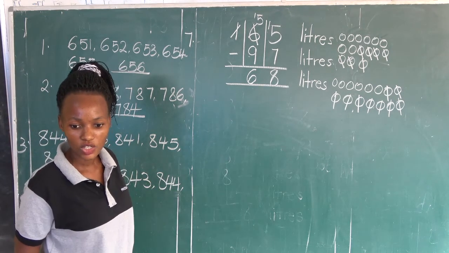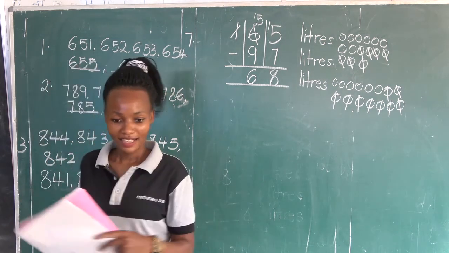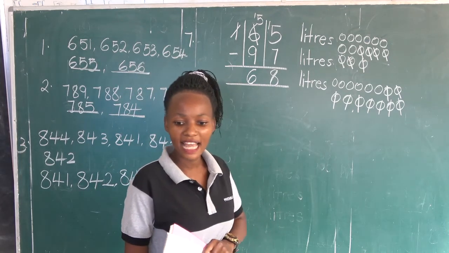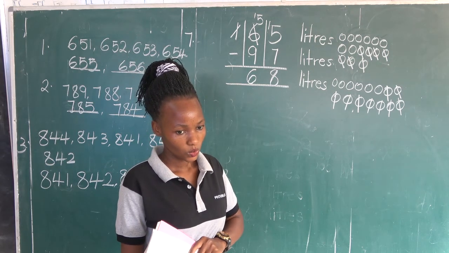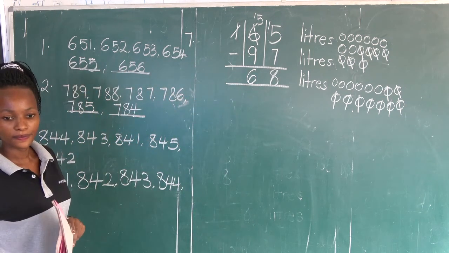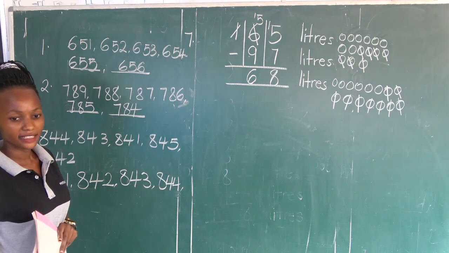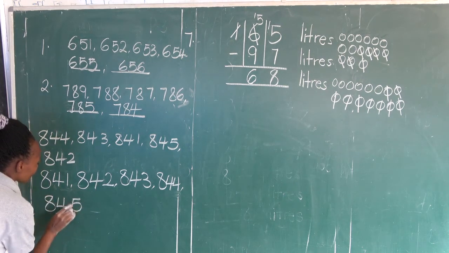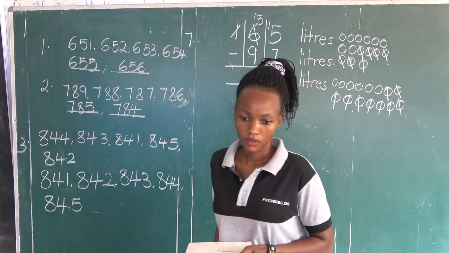Let me see. Sean. Who can tell me the last one? Yes, Shanika? 845. 845. Let's go to number 4.